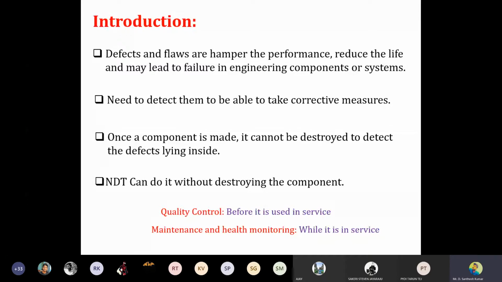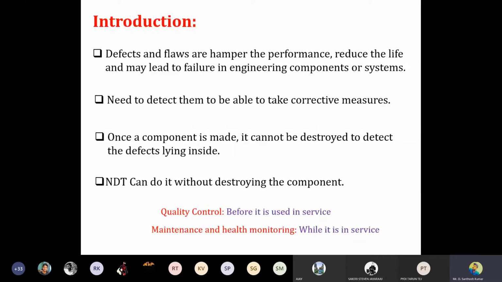Like bolts or nuts, you can see that after a certain period of time, a sudden fracture happens due to fatigue and other things. Material may fail. So you have to check, you have to maintain its health monitoring, you have to cross-check what happens inside the component during the service.